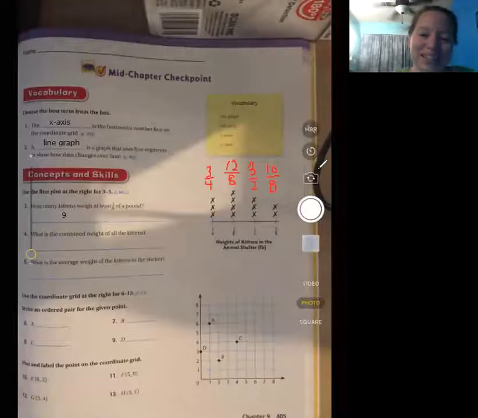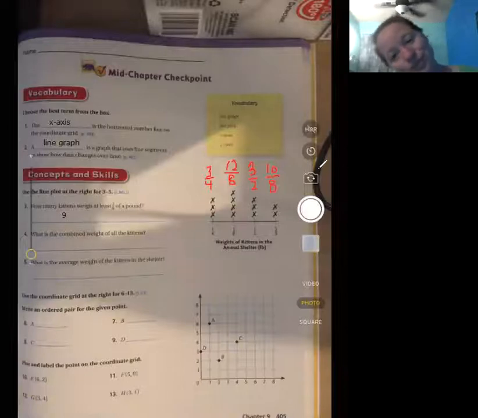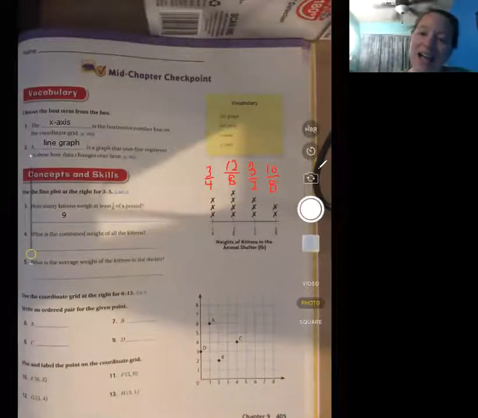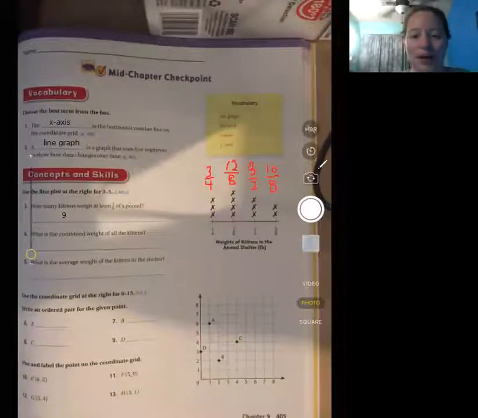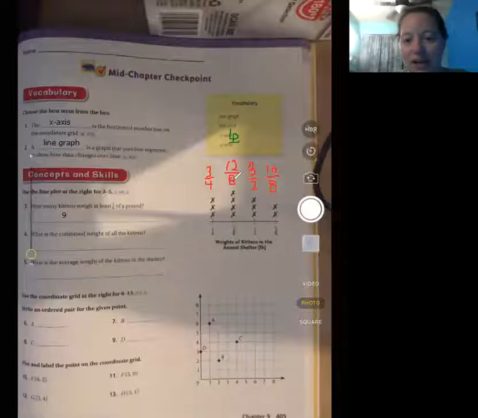Okay, so let's see. I'm actually going to simplify the 12/8. I'm going to take a 2 out of each of those. I'm going to make it 12 divided by 2 is 6 over 8 divided by 2, which is 4.